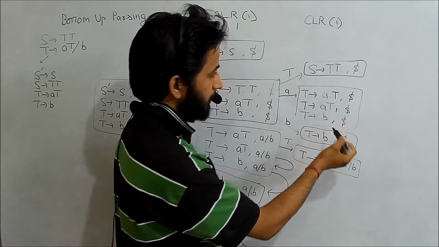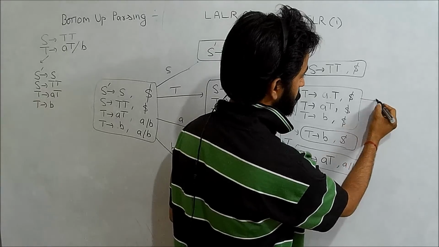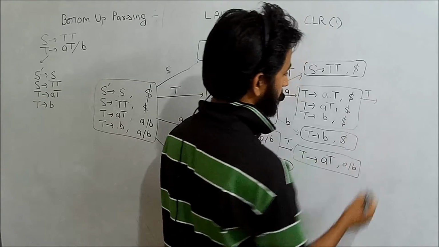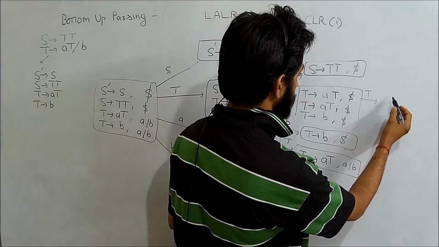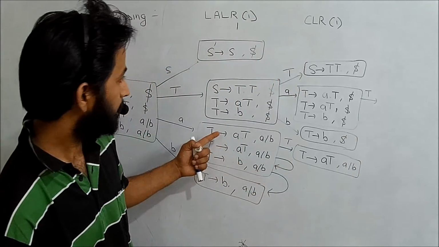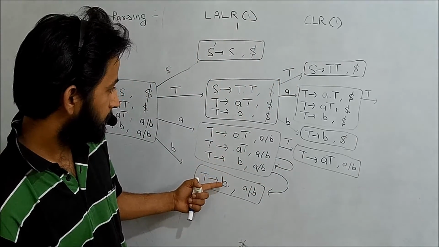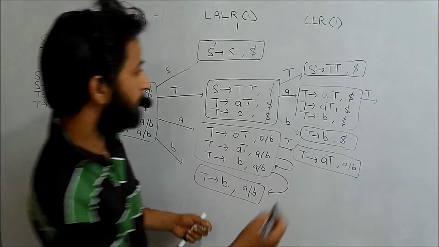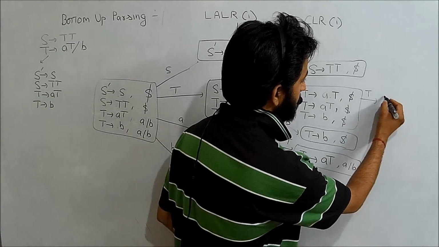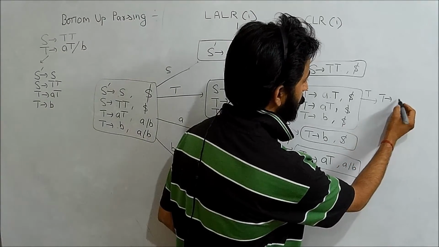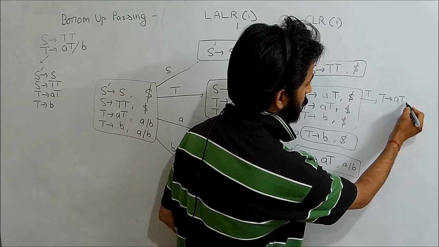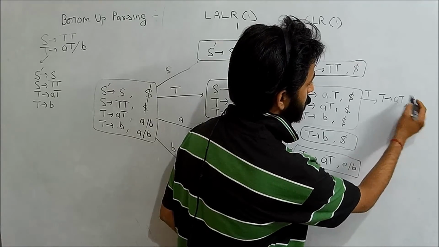Now I will check for the movement of T. Okay, so it will become, there is nothing, so I will write it separately. It will become T derives AT dot, and the look ahead will remain same.